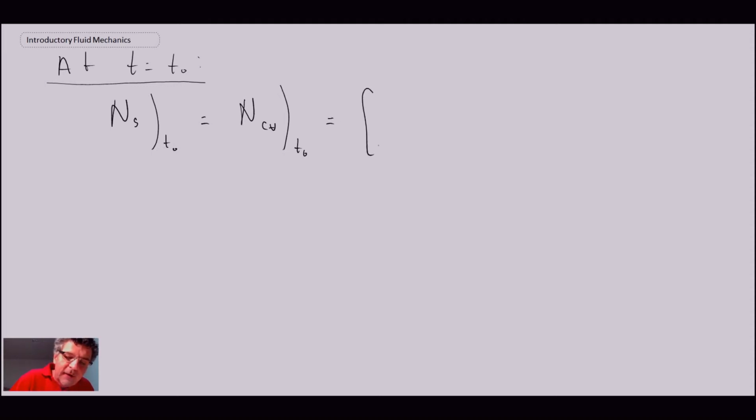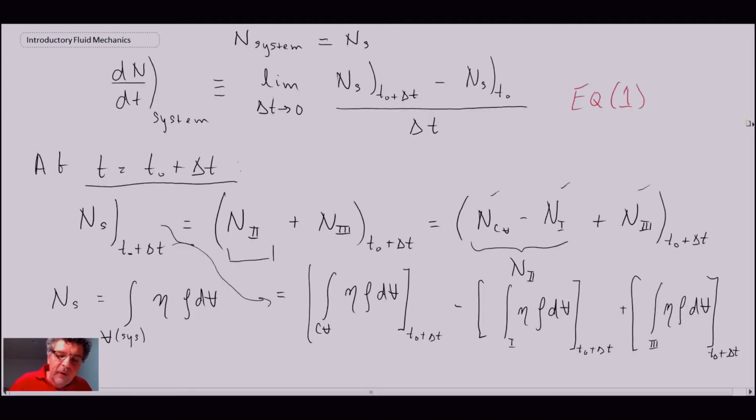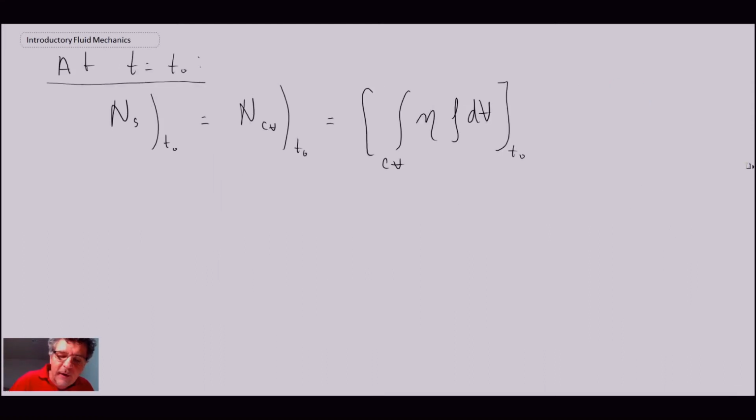We can represent this as an integral across the control volume of eta rho dV at t0. If you're wondering where we're going with this, we're trying to evaluate the different terms in equation 1, and we're going to make some substitutions as we work along.